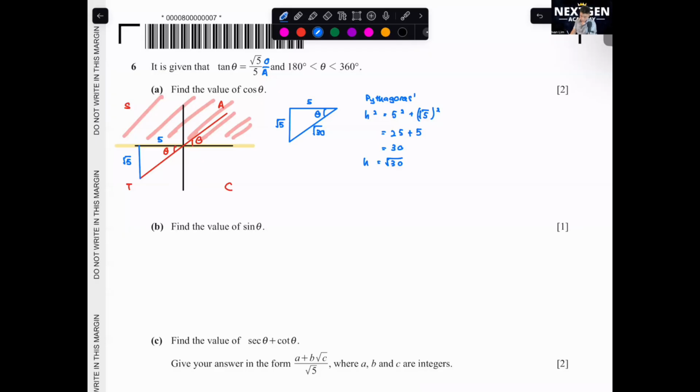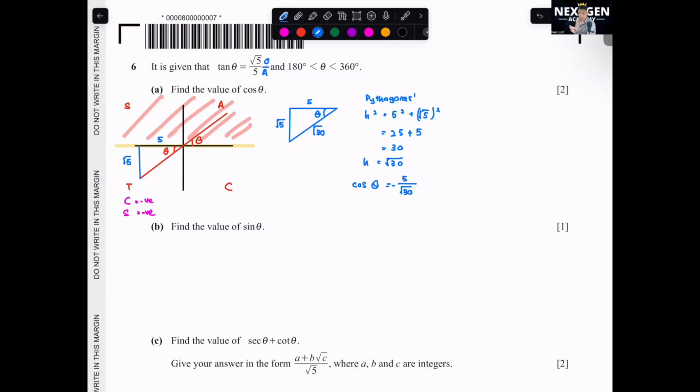Okay, so cos will be 5 over root 30. But we have to put a negative because cos and sine are negative here in the third quadrant. So cos theta is equals to negative 5 over root 30.